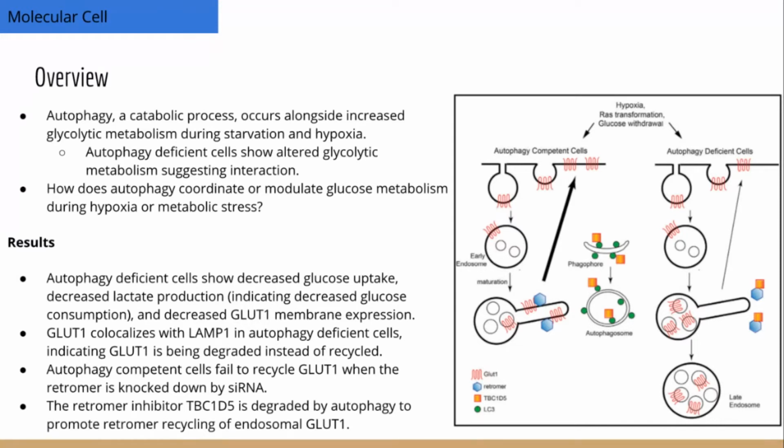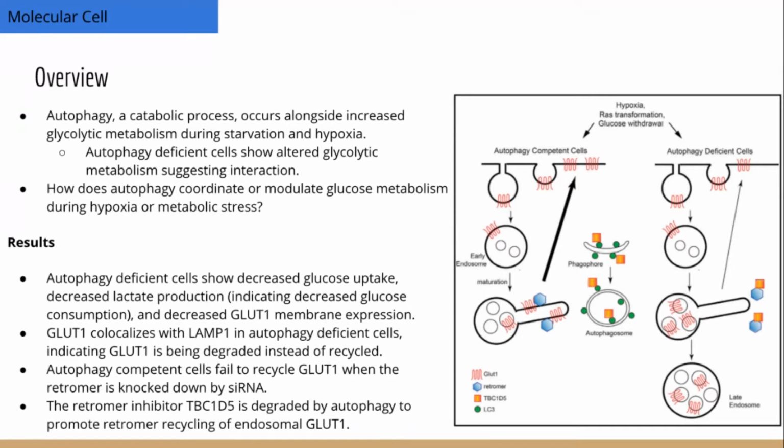But the question is, are these events interconnected? And the answer seems to be yes. Previous research has shown that autophagy deficient cells show altered glycolytic metabolism, and this previous research suggested that autophagy directly modulates glycolytic enzymes somehow.